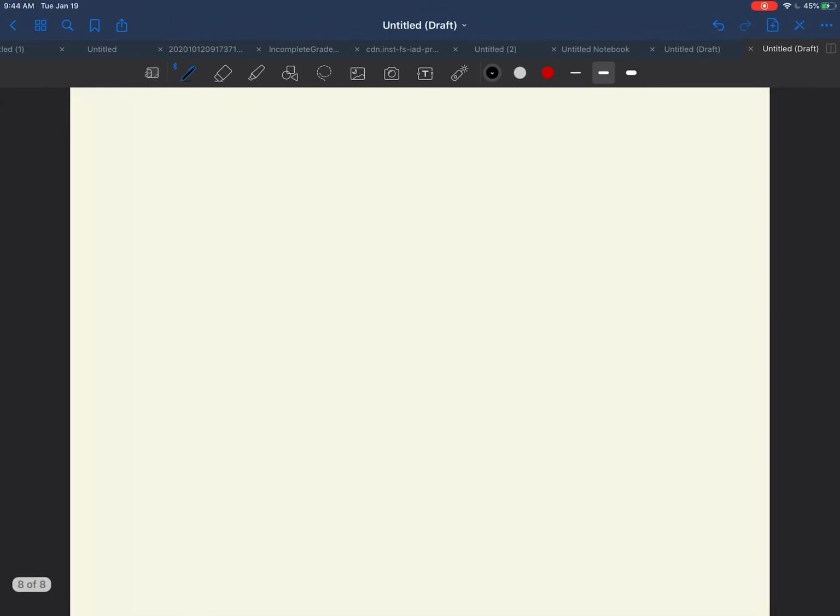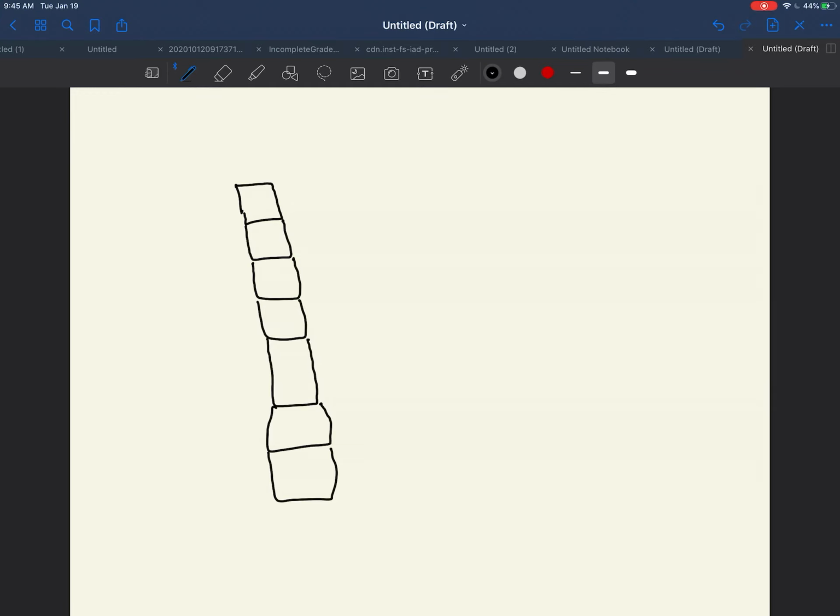So let's look at what this might look like. I'm going to draw a segment, and you can imagine it two-dimensionally so you can see the inside. These segments, sometimes they're kind of long and skinny, and sometimes the segments can be wide and fat. In our segmented worm we have walls between the different segments internally, and these are called septae.